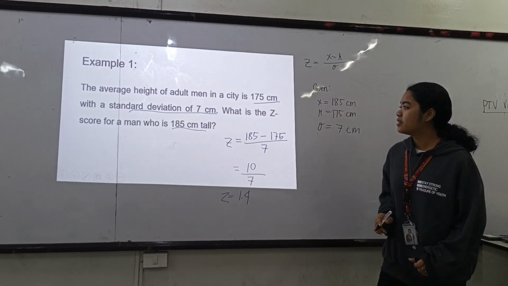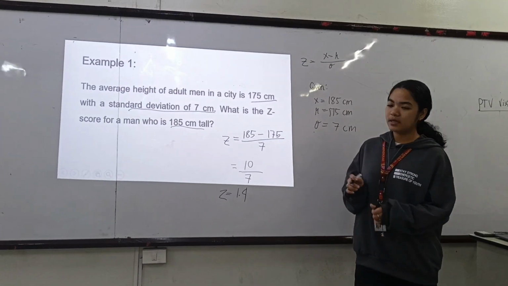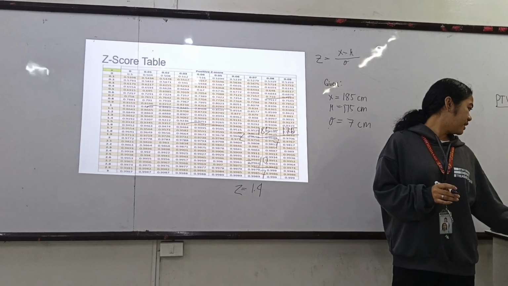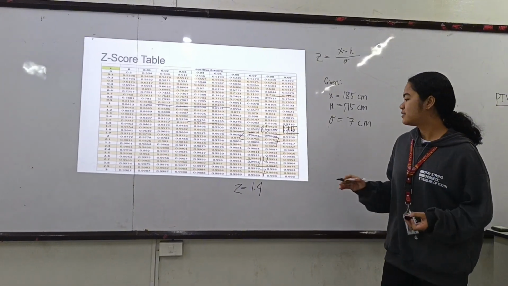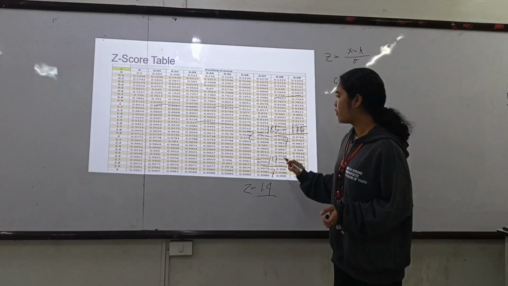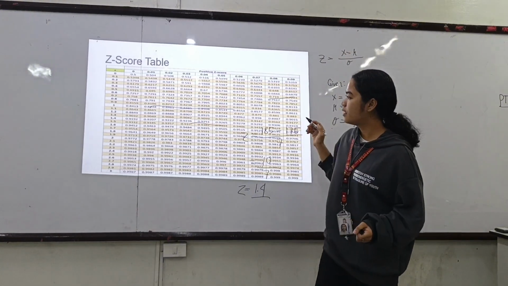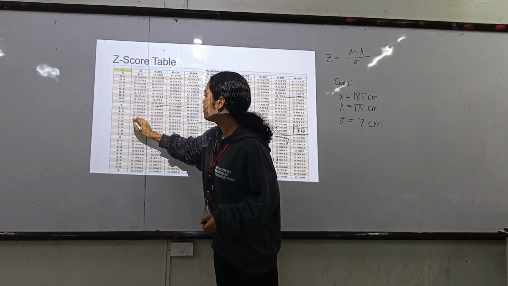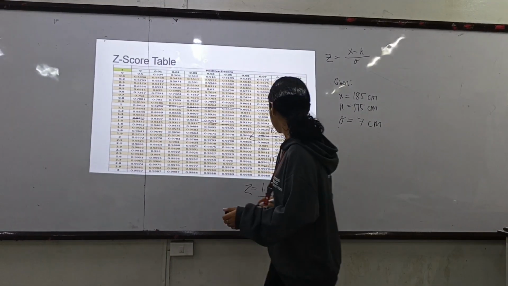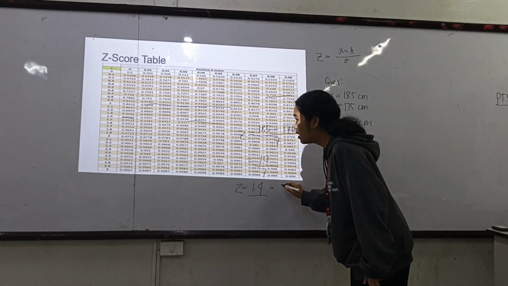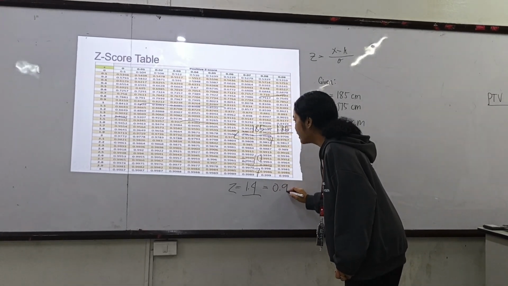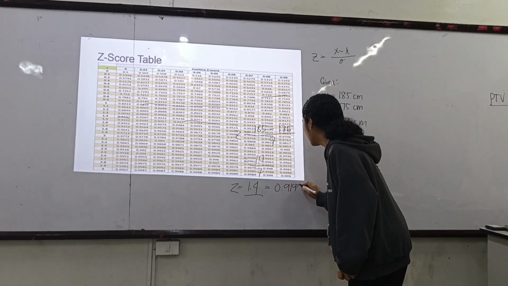To find the z-score, let's go back to the z-score table. Let's find 1.4 in the table. So this is the value of 1.4, which is equal to 0.9192.